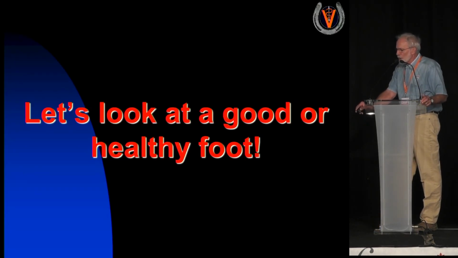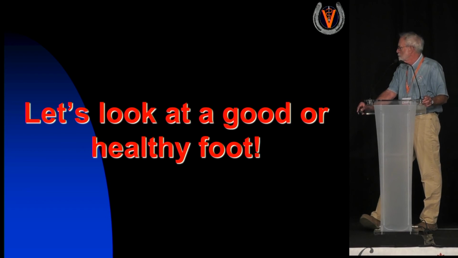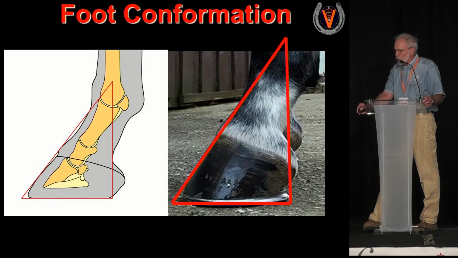So let's look at what a good, healthy foot looks like. I don't use the word normal because I don't know what a normal foot is. If we look at this illustration, you will see a line drawn down from the coronary band to the heel.